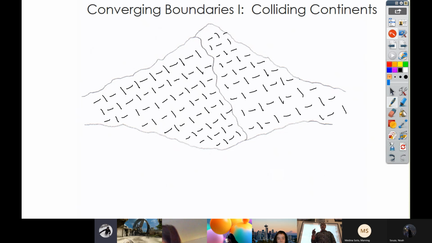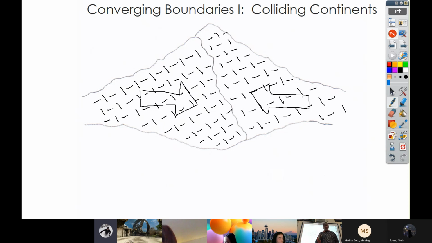Next, since these are converging boundaries, we know that they're coming together. So I'm going to put a big arrow showing that we have one continent crashing into another continent. All right, these continents are crashing into each other. And the reason they're crashing into each other, of course, why are they colliding?